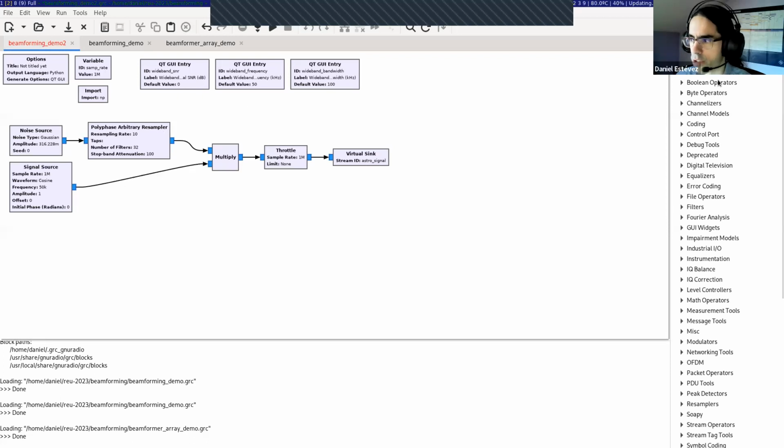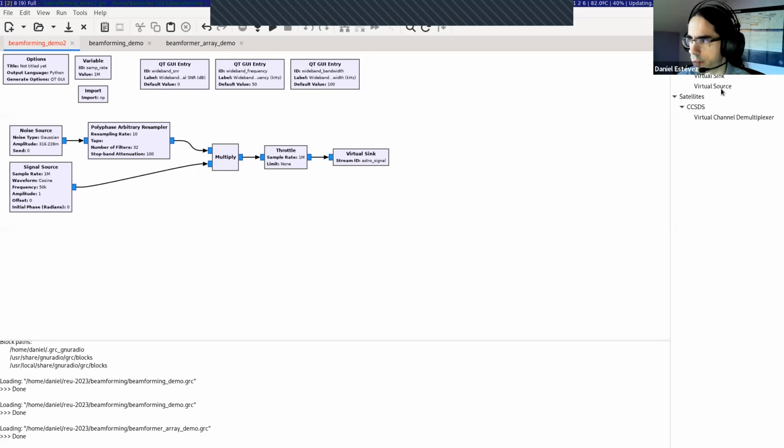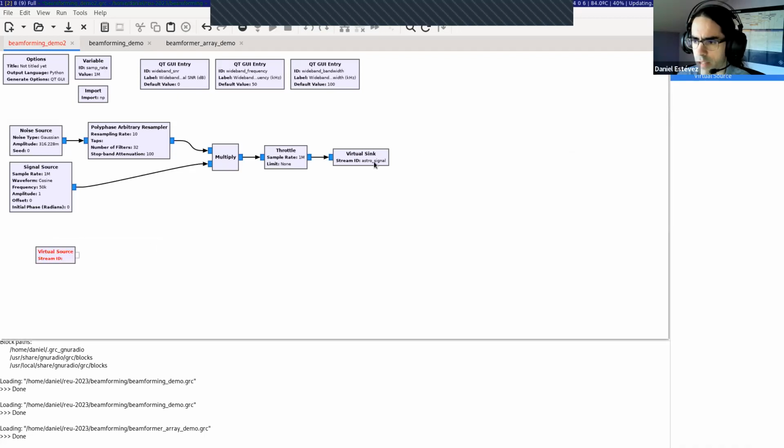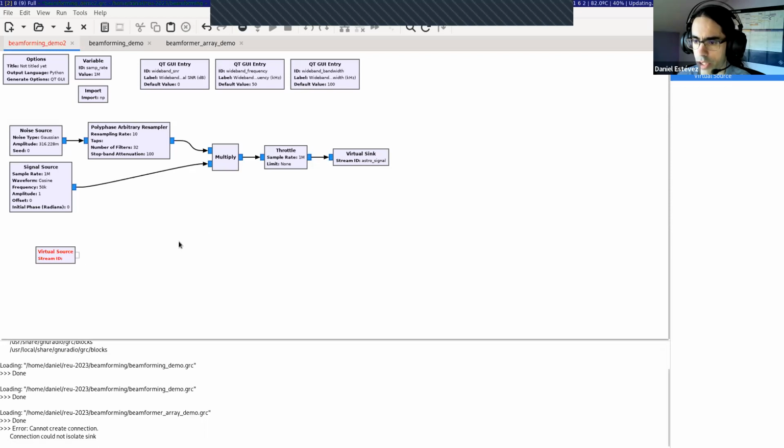So we have our astronomical signal, and I'm not sure if I've used before these virtual sink and virtual source. These are just a way of connecting parts of the flow graph without running one of these connection lines, because if you have many connection lines, then the flow graph might become too crowded or too tangled.